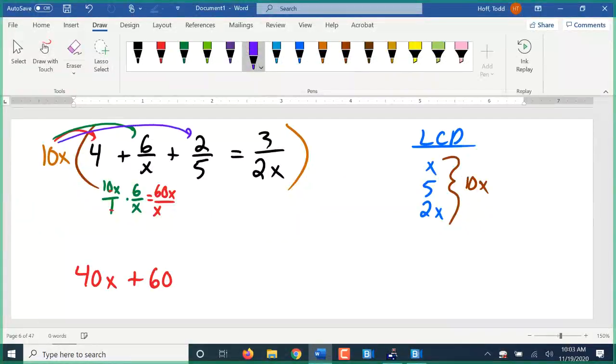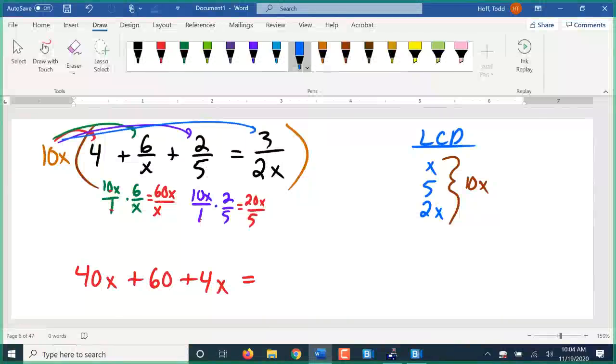10x times 2/5. 10x over 1 times 2 over 5. 10x times 2 is 20x. 1 times 5 is 5. 20x divided by 5. Well, 20 divided by 5 is 4, and we still have the x. Equals 10x times 3 over 2x.